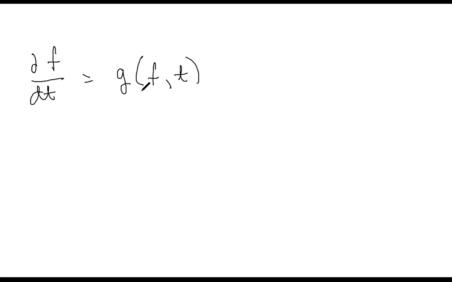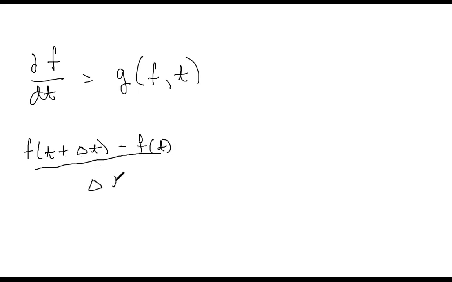The computer doesn't really care about that because ultimately we're turning the calculus into algebra. When you replace the derivative with a forward difference derivative, this becomes f of t plus delta t minus f of t divided by delta t equals g, some arbitrary function of f and t.